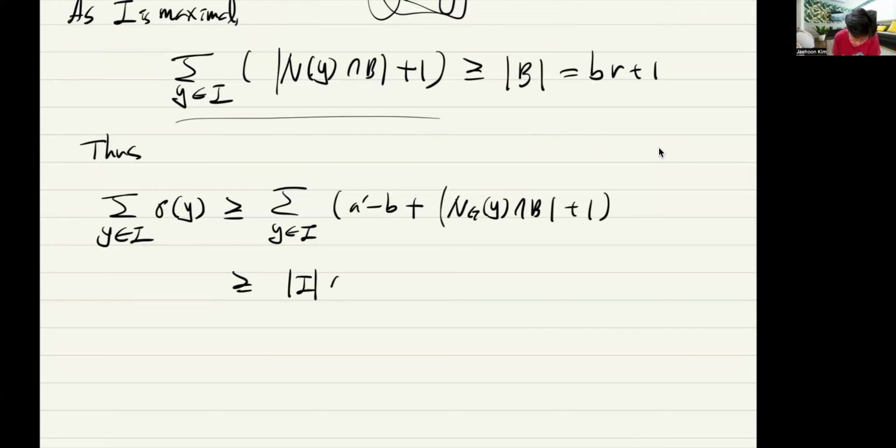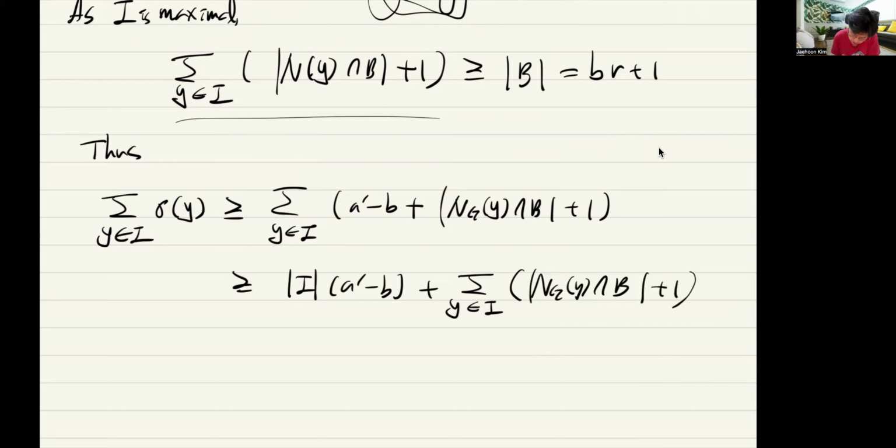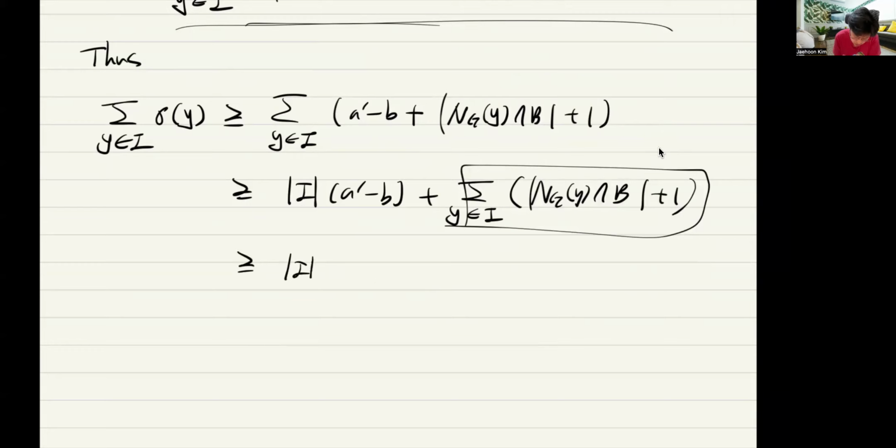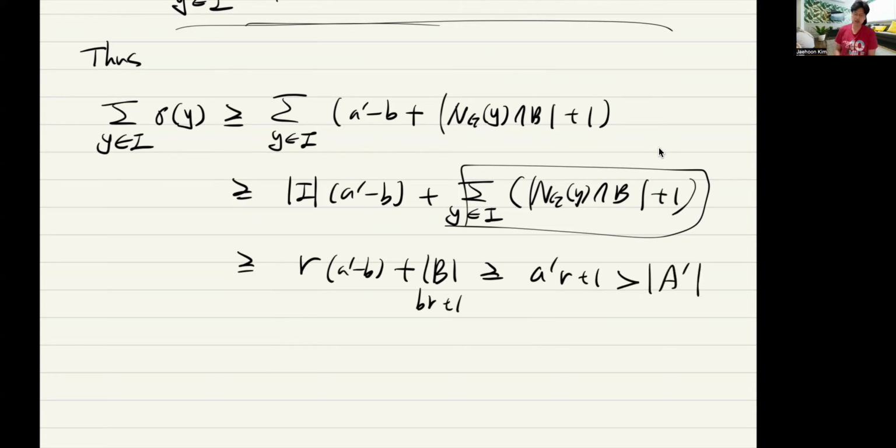And the size of I times A prime minus B, and for all Y, you add the number of neighbors in B plus 1, which is at least the size of B, which is BR plus 1. And we know that this extremal independent set has size at least R. Then you have this: the size is bigger than A prime.